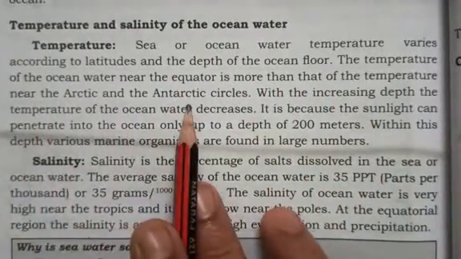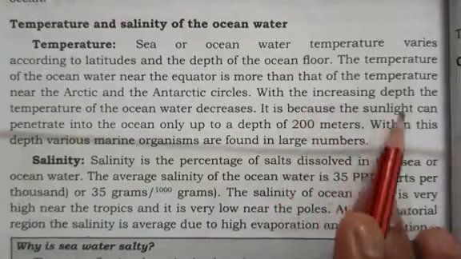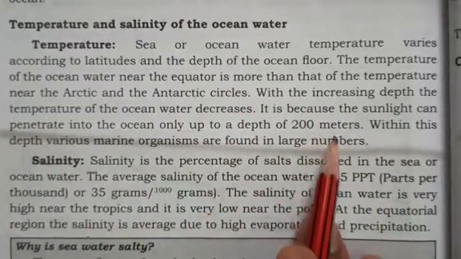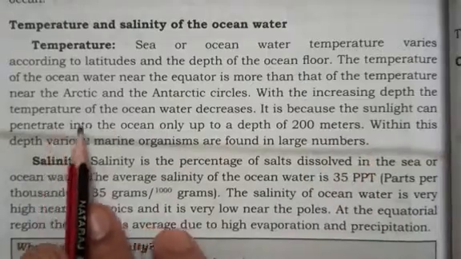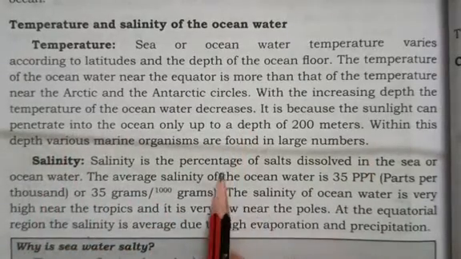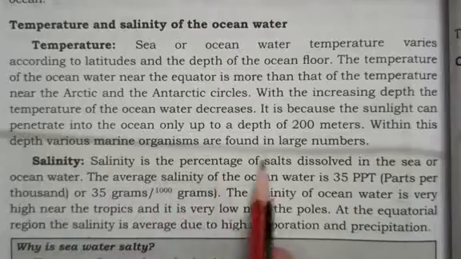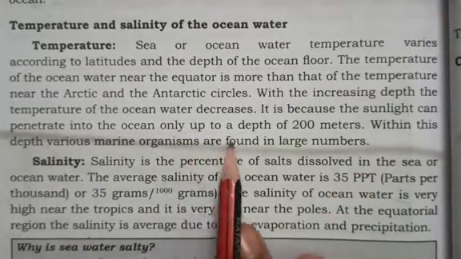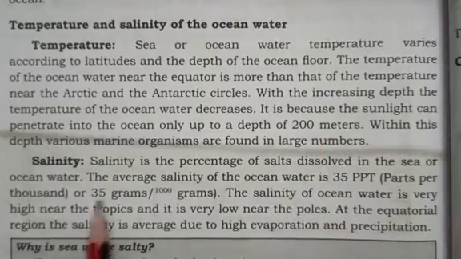The temperature of the ocean water near the equator is more than that near the Arctic and Antarctic circles. With the increase in depth, the temperature of the ocean water decreases, because sunlight can penetrate into the sea only up to a depth of 200 meters.